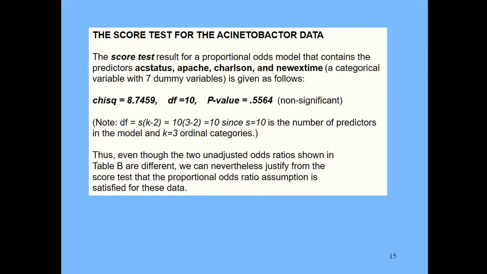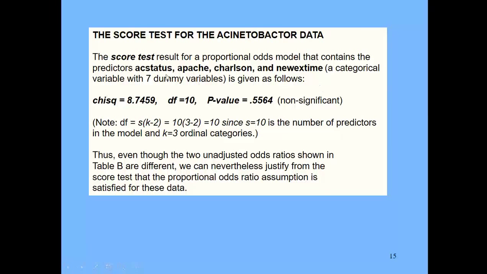If we want to consider AC status, which is our E variable, binary, Apache, which is a continuous control variable, Charleston, another continuous one, and nu x time, a categorical variable with 7 dummy variables, dealing with the matching, then it turns out the chi-square was 8.7459, the degrees of freedom was 10, and the p-value was 0.5564, not significant.